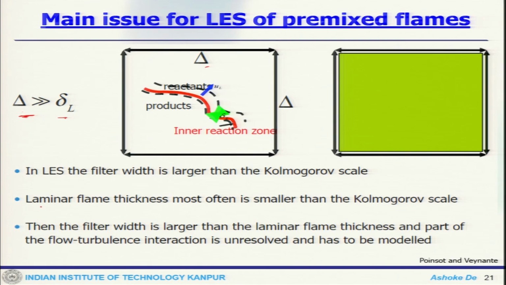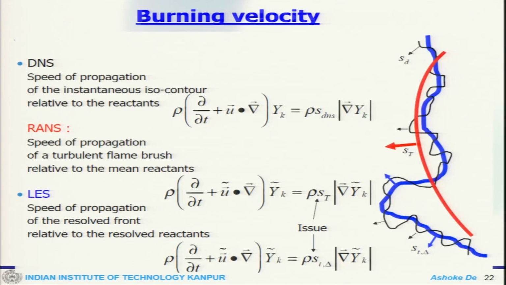This is quite small, smaller than the Kolmogorov scale, and the filter size is larger. So, one needs to be careful to handle that kind of situation, because the flame front may sit inside the grid cell.